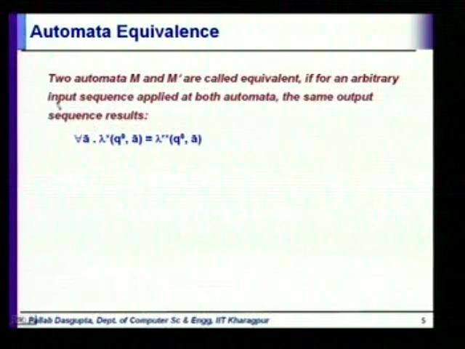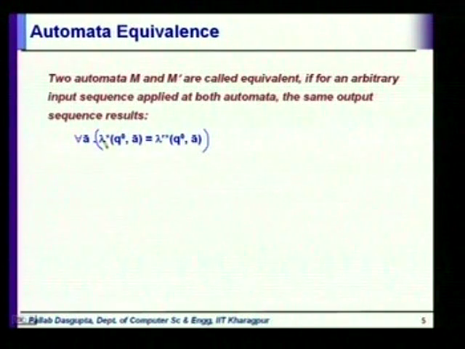So in the stack, what will be written? That A bar dot. What does that mean? A bar dot lambda star. Oh, this is for all A. For all A, lambda star of q0, A is equal to lambda dash star of q0, A. What is lambda star?